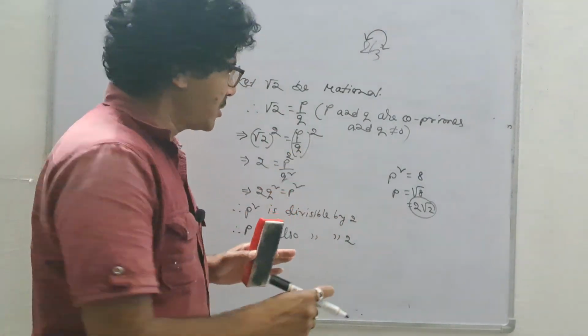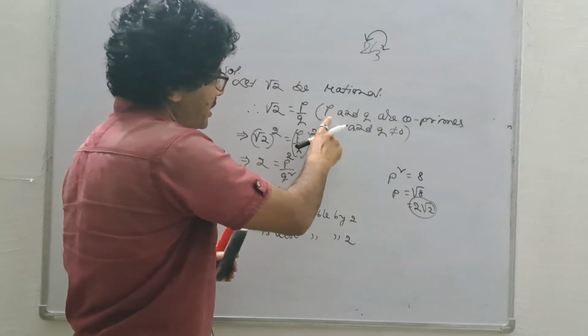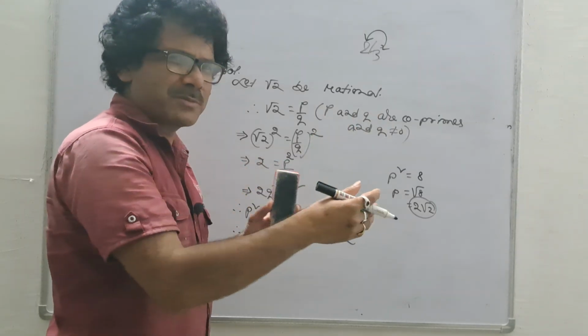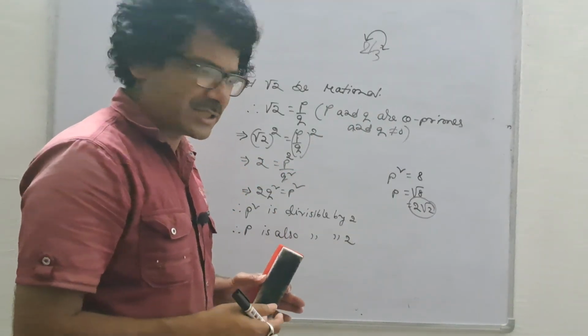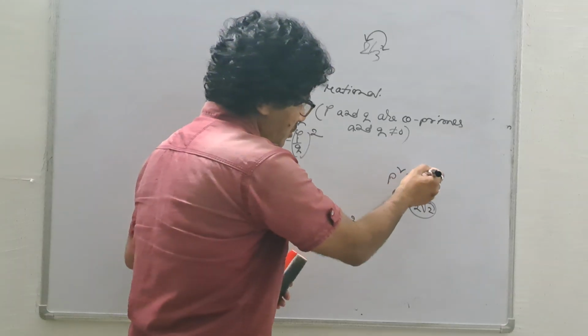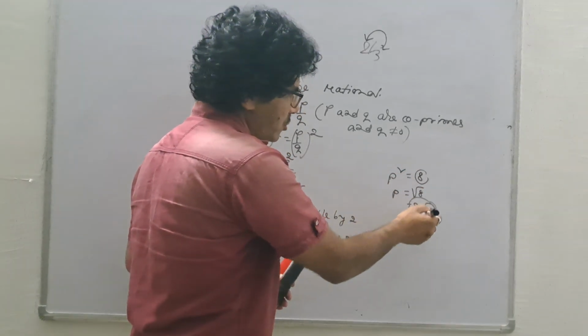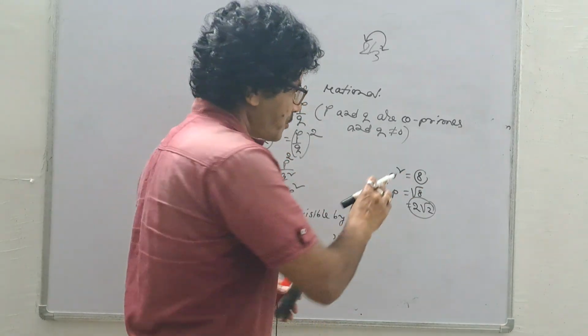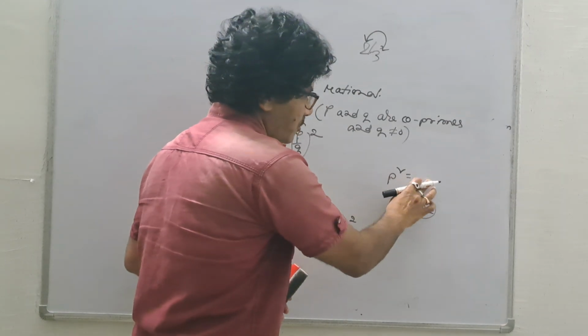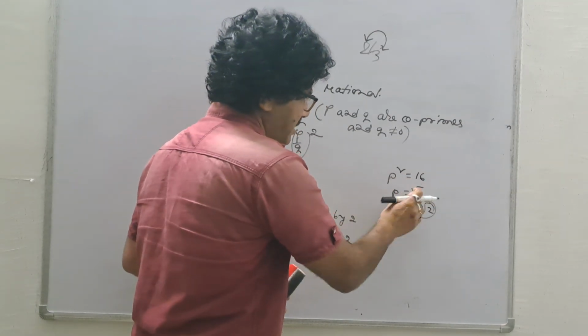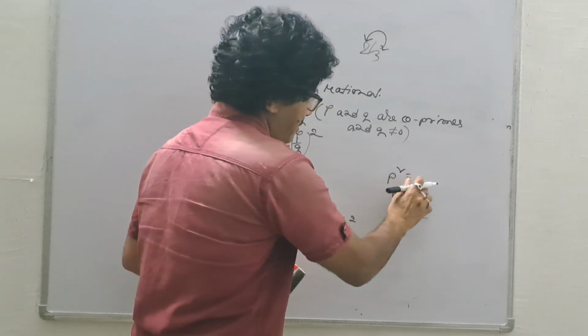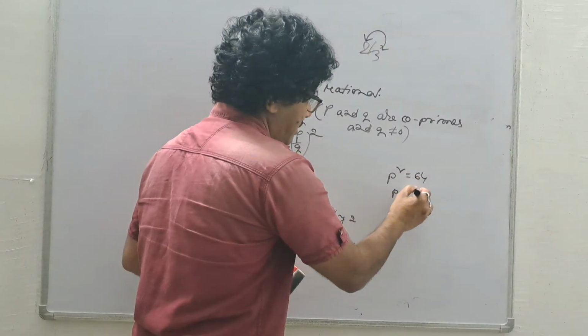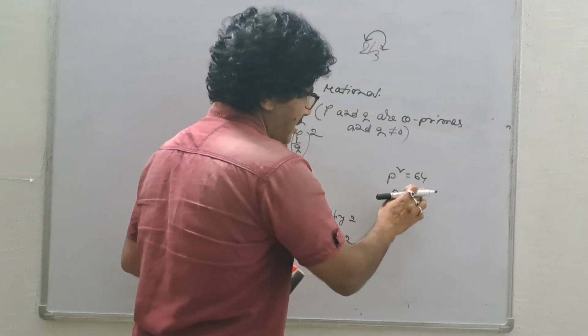So p and q are co-prime, which means p and q must be integers. So if I take p square equal to 8, then p is equal to 2 root 2, which is not an integer. So p square equal to 8 is not possible. So it may be 16. It may be 64. Then it is 8, an integer.